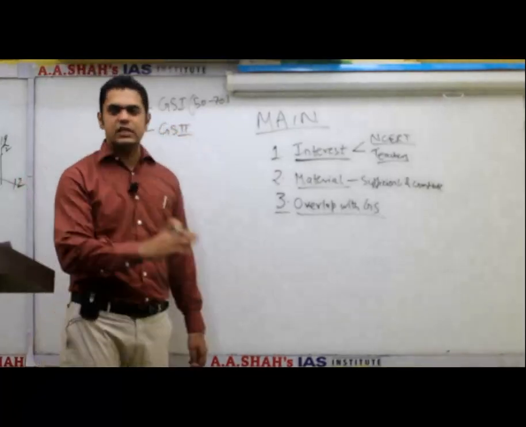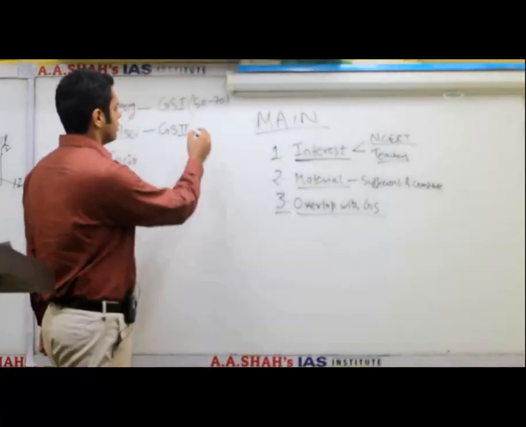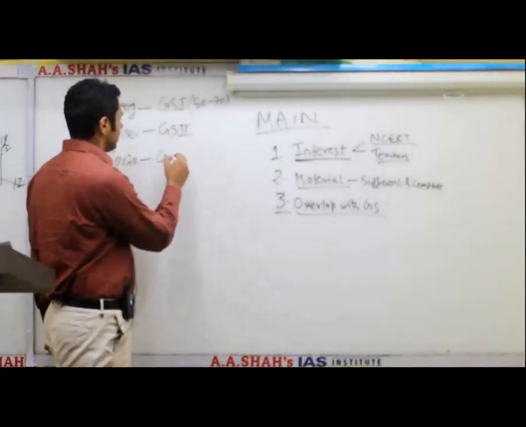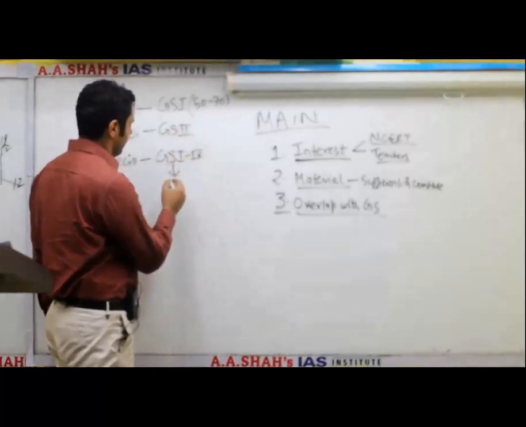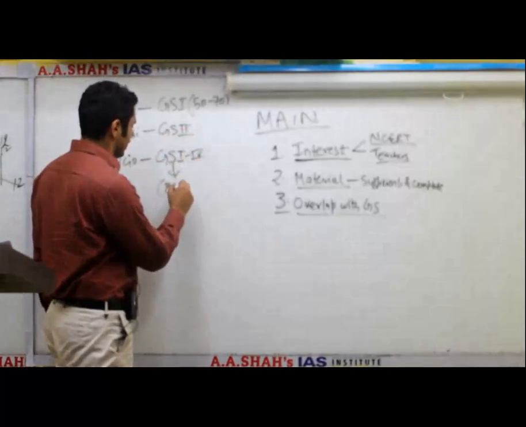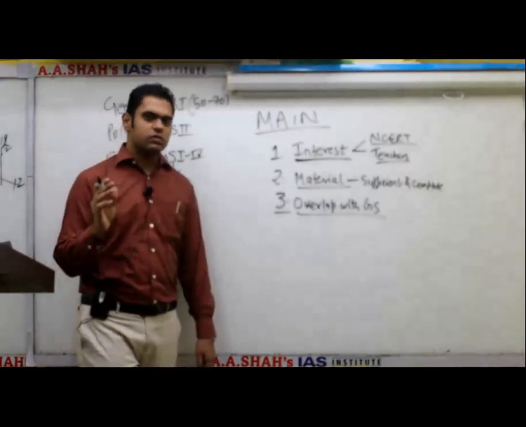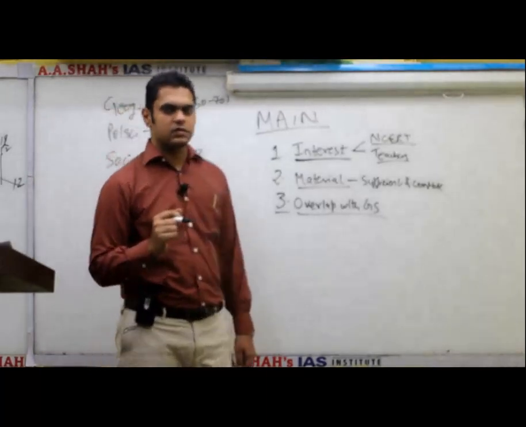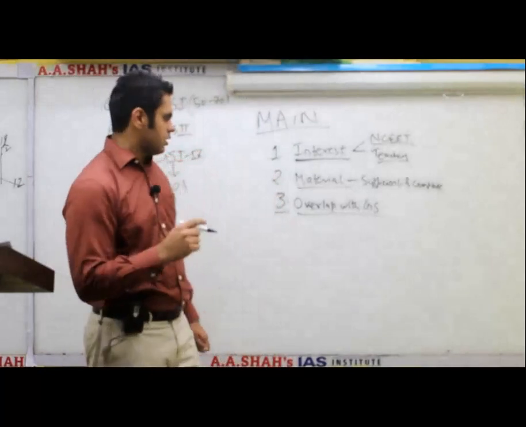GS paper 2 essentially comprises political science. Sociology will be useful in GS paper 1 to 4, especially in GS paper 1 where it comprises around 80 marks. So these are also some of the parameters that you should consider before choosing an optional subject.